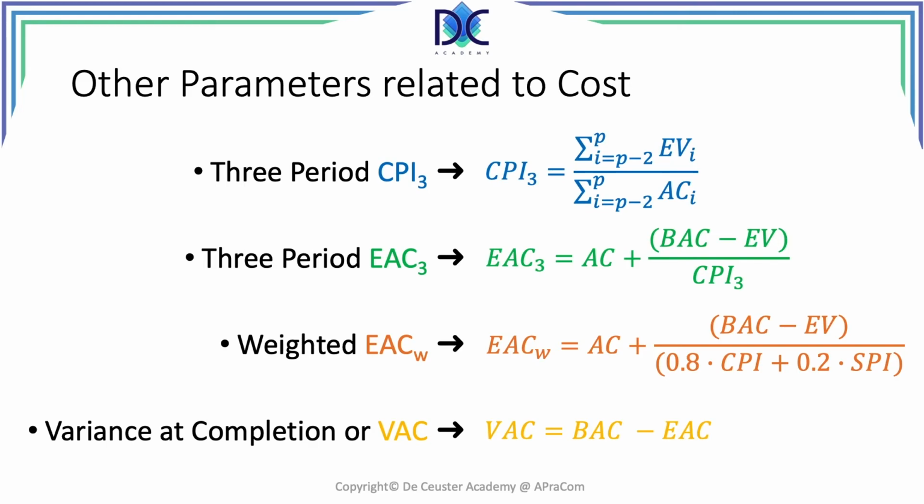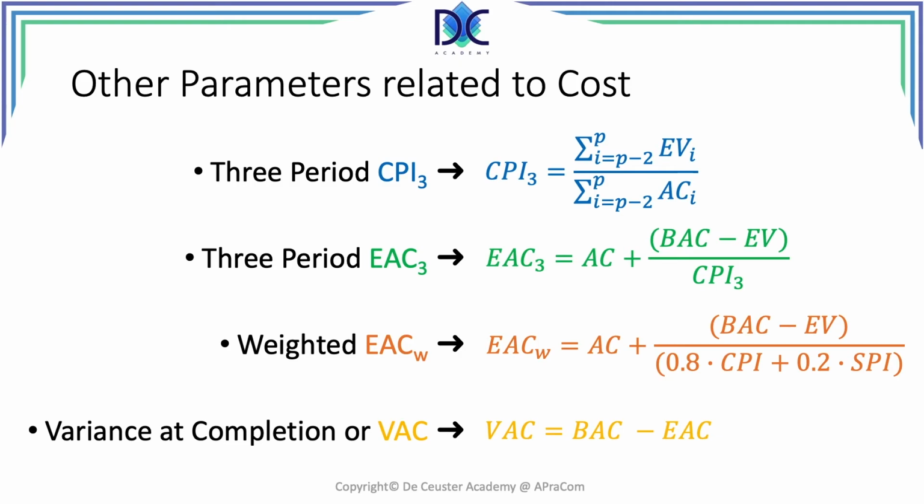There are some other parameters you may encounter when you're doing earned value management, and these parameters relate to cost. First of all, there is the 3-period CPI, which is the division of the 3 last earned value parameters by the 3 last actual costs.